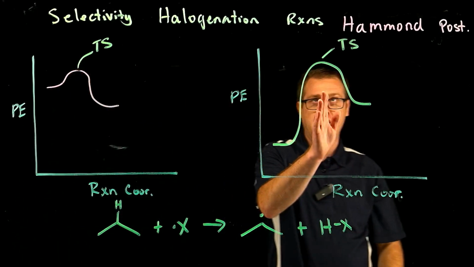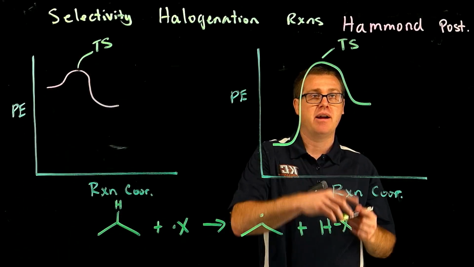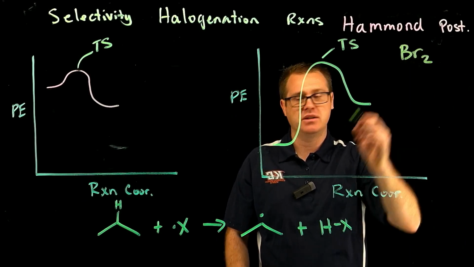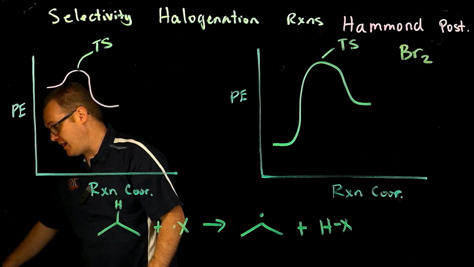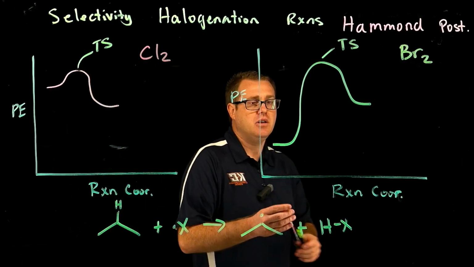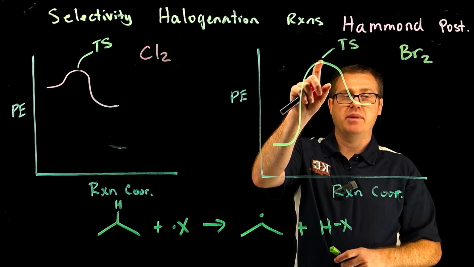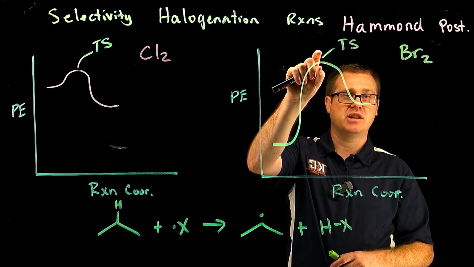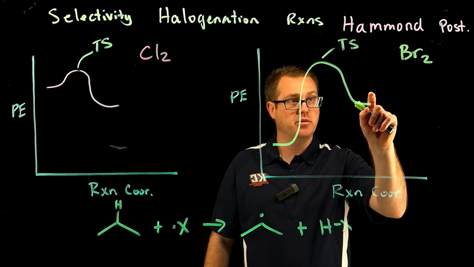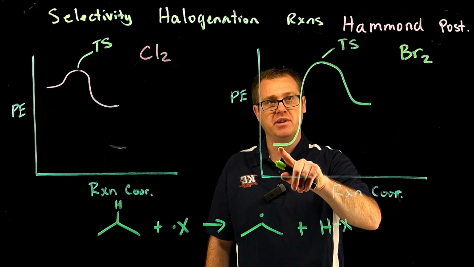In contrast, when you're looking at this energy diagram, which is being represented for bromination, and this one on the left was for chlorination, if we ask ourselves, based off of the Hammond postulate, what does the transition state here look like? Does it look more like the intermediate or the starting material?